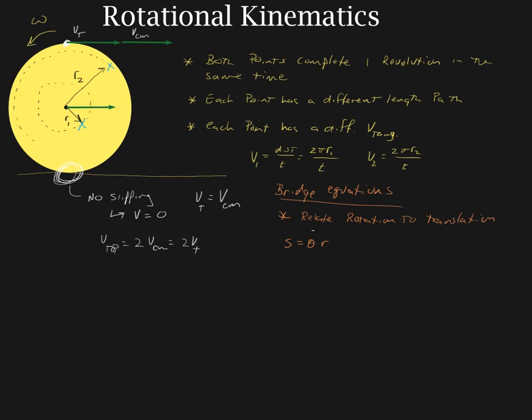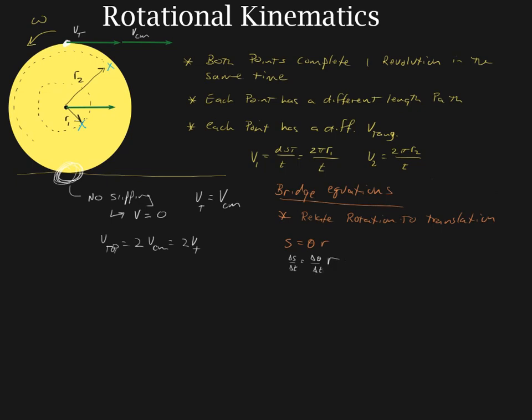Now, if we change the position or the arc length in some period of time, that means we're also going to be changing the angle which is rotated in the same period of time. So we're going to really have a delta S over delta t is equal to delta theta over delta t times r.